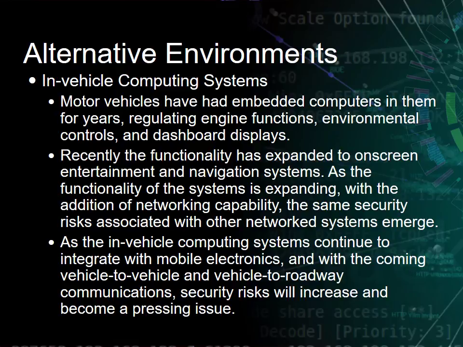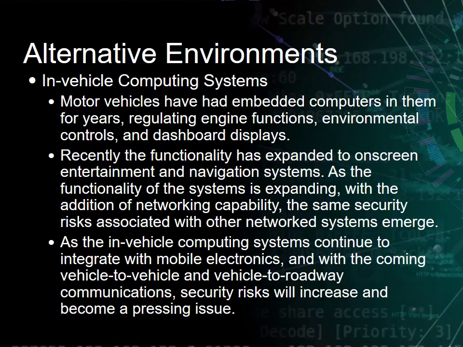So, in-vehicle computing systems: motor vehicles have had embedded computers in them for years. And as I stated, they regulate engine functions, specifically things such as emissions and gas or fuel efficiency, environmental controls, and dashboard displays. Recently, the functionality has expanded to on-screen entertainment and navigation systems, such as the Microsoft Sync, as the functionality of the systems is expanding with the addition of networking capabilities.